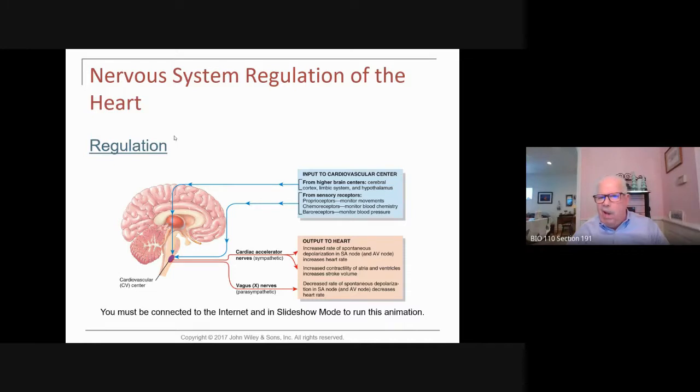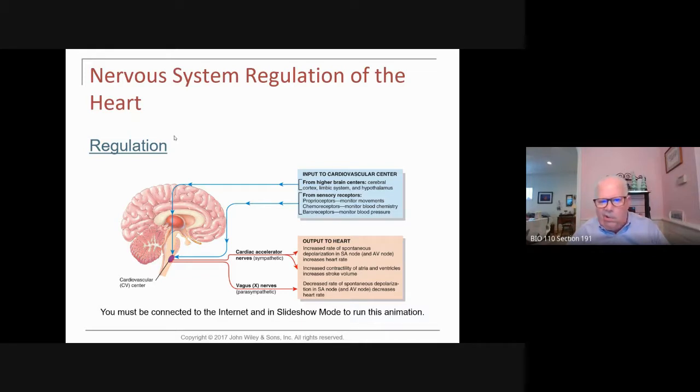The majority of the brain is the cerebral cortex, the limbic system, or the hypothalamus, and these all function in basically controlling your heart rate. If you see a snake or if you smell fire, your heart rate's going to go up and you're going to get the hell out of there. So that's how the brain actually does it.